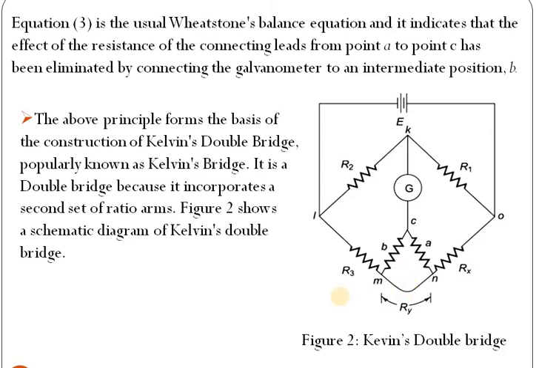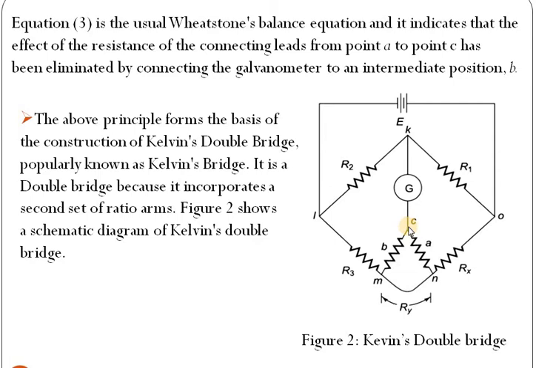Now from this point A to the galvanometer, we connect some resistance, and the corresponding node of the galvanometer is indicated as C.